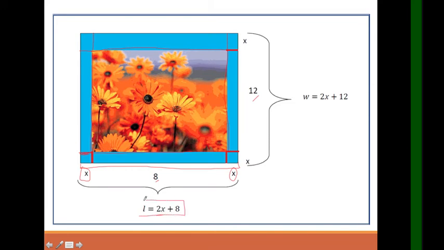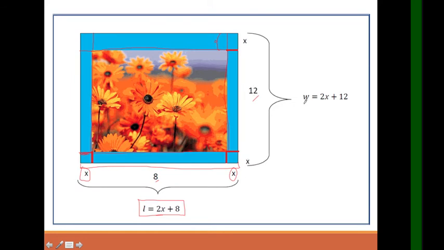So, ang length niya ay equals sa 2x plus 8. Sa kabila naman, sa width ng ating rectangular lot, ay another x. So, x, and then another x here. Then, may 12 tayo dyan.